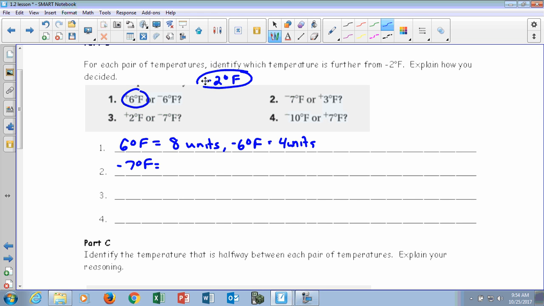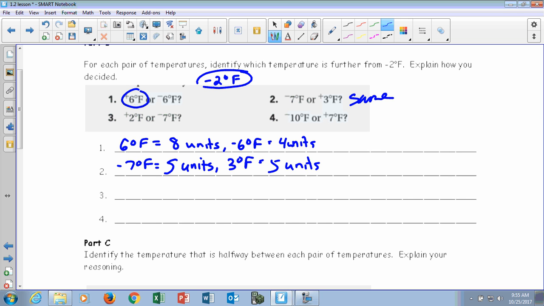How many units? 5, right. Now, let's think about 3 degrees Fahrenheit. How far is 3 degrees Fahrenheit from negative 2? Well, go from 3 to 0. That's how many units? 3, and then add 2 more to get to negative 2. So who's further? They're the same distance. So for number 2, this is the same.